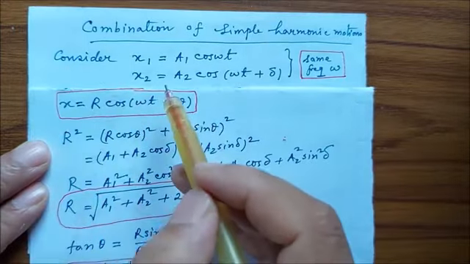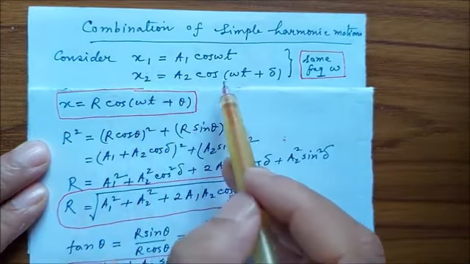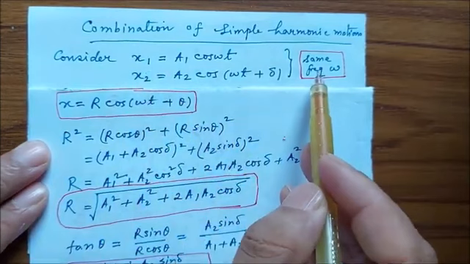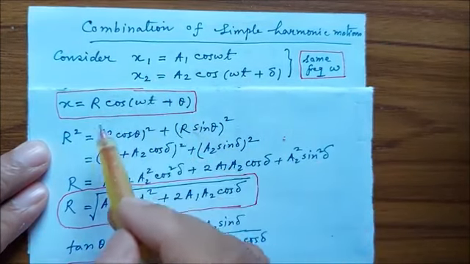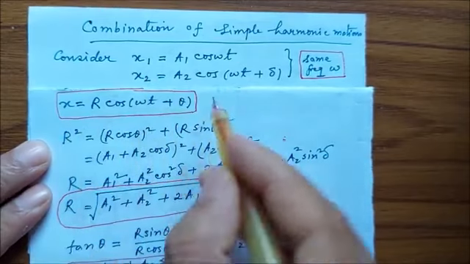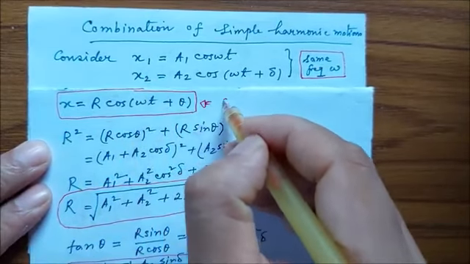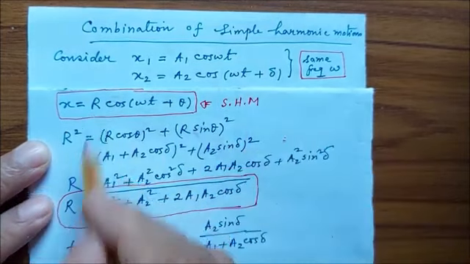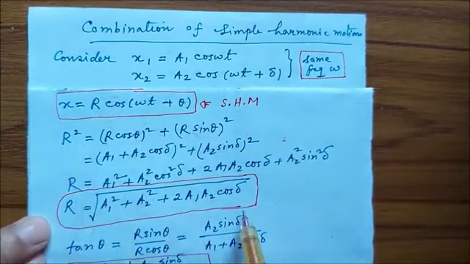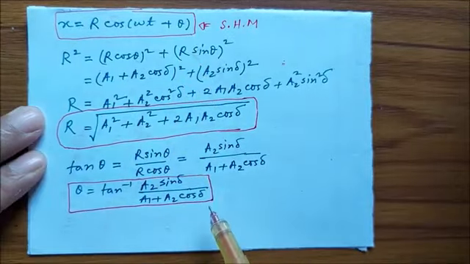In this problem, we have combined two simple harmonic motions of same frequency and collinear because both are along x, and the resultant is also a simple harmonic motion. And the amplitude is given by this expression, theta is given by this expression.